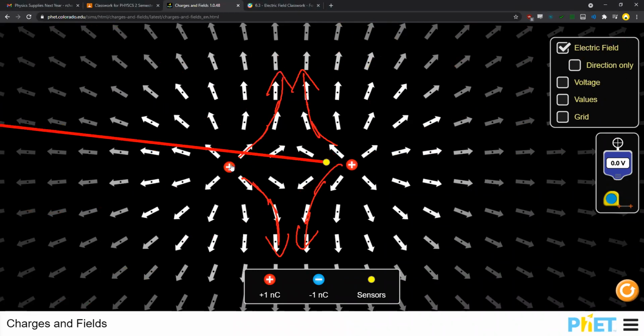Neither of these 2 point charges wants this sensor. They hate each other and they hate this yellow charge, so they're going to try to force it away. What path will this yellow dot take? It will take the path of this curve. It will follow this curve upward, or if you're dropping it down here, it'll follow this curve downward.